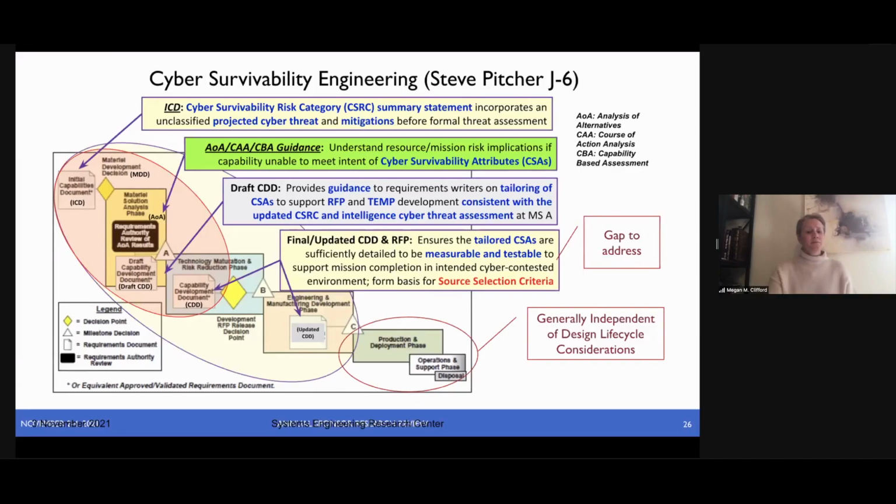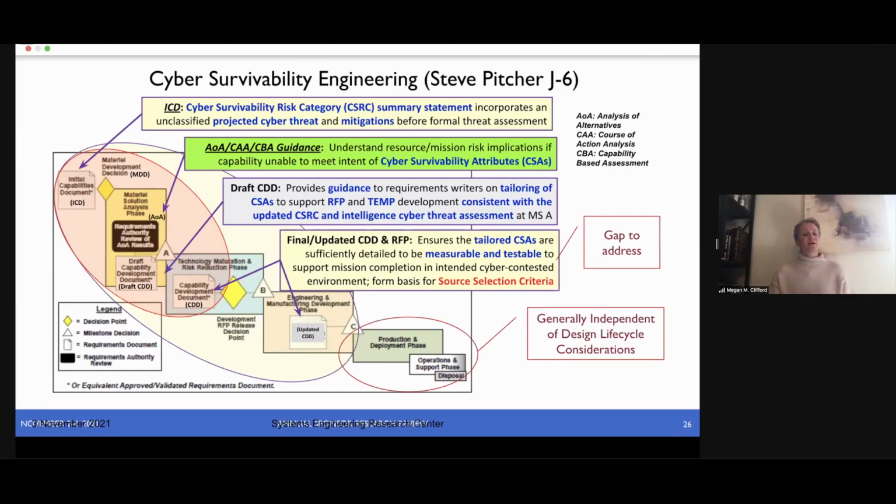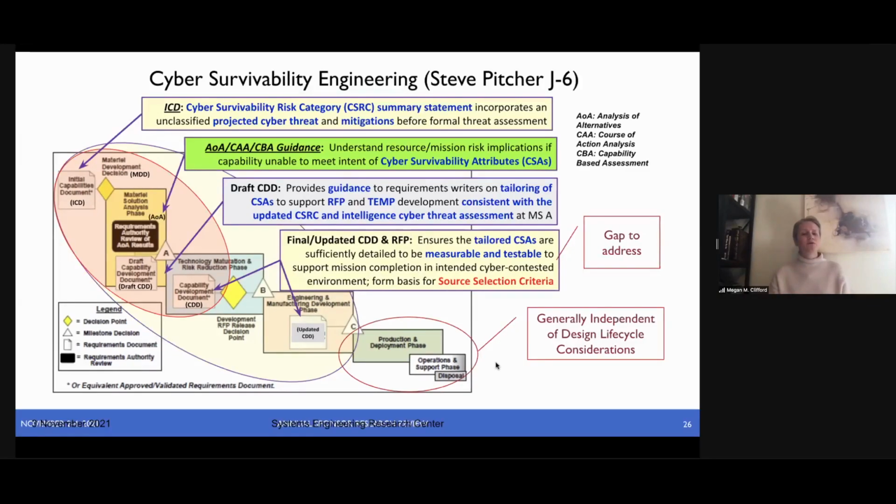And considering cyber survivability during the analysis of alternatives may actually reduce the acquisition costs and long-term costs, and can act as a suppressant for less mature or secure cyber functionality that creates a greater risk to mission assurance than its intended benefit.